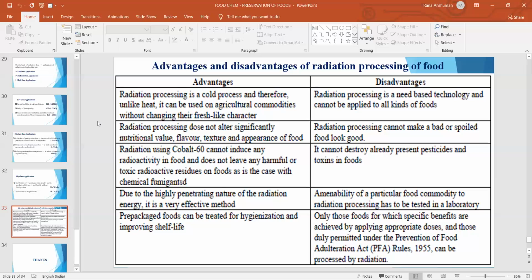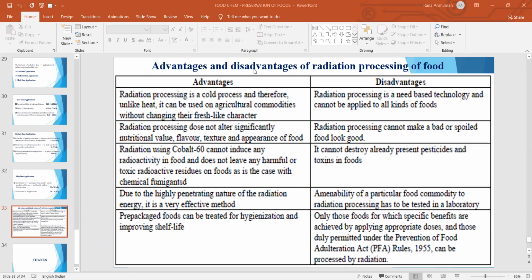But radiation processing is a need-based technology and cannot be applied to all kinds of foods. Radiation processing does not significantly alter the nutritional value, flavor, texture, and appearance of food, but it cannot make a bad or spoiled food good looking.